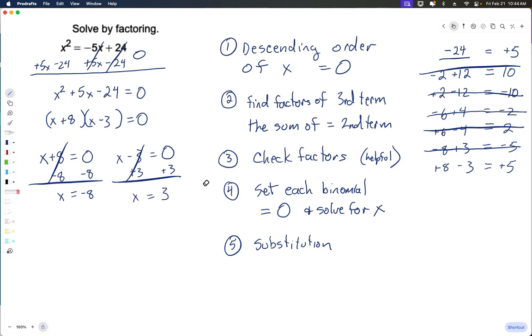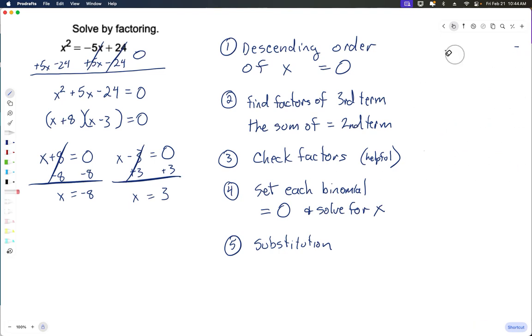So I'm going to erase this over here so that we have room. We're going to use this to check our work. So first, I'm going to use negative 8 just because it's the first one over here on the side. So x squared plus 5x minus 24 is equal to 0, and we're using negative 8 for x.